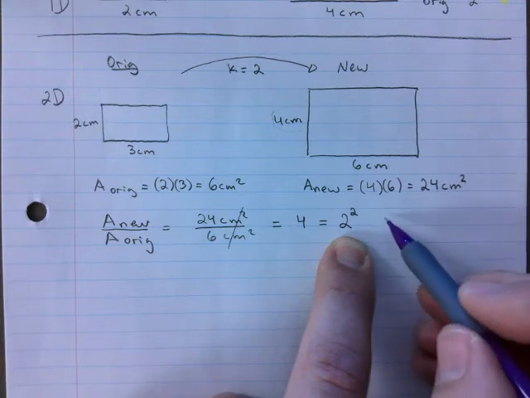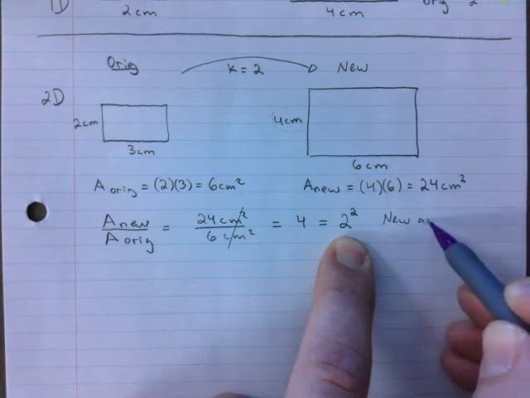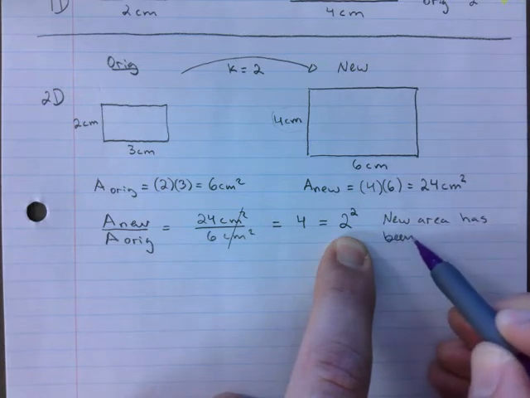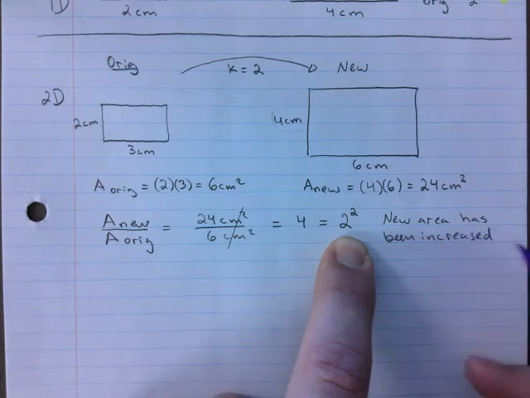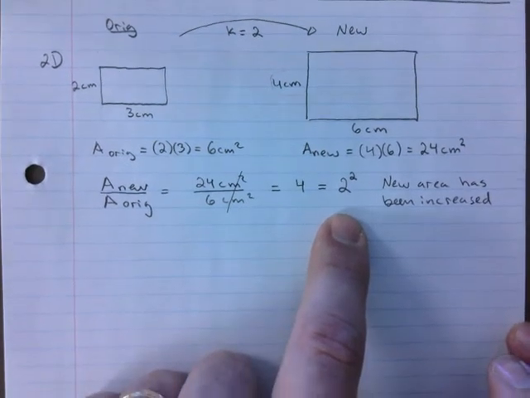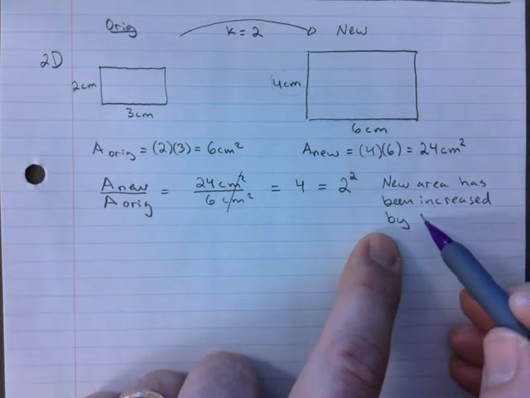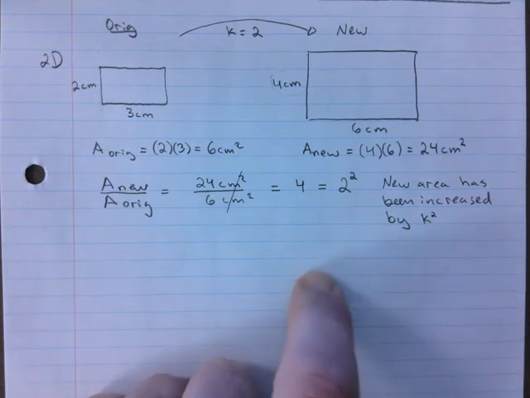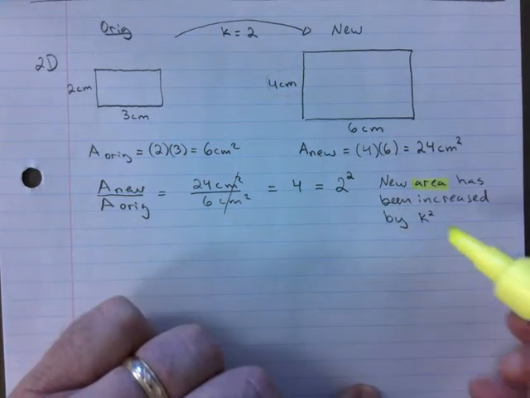So I will make a note here that the new area has been increased. I'm going to move it up a bit. New area has been increased by k squared. Okay, that's very important, area and k squared.